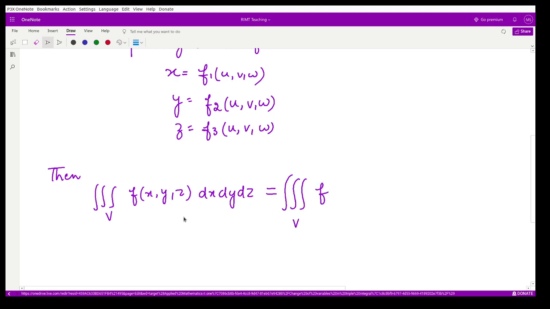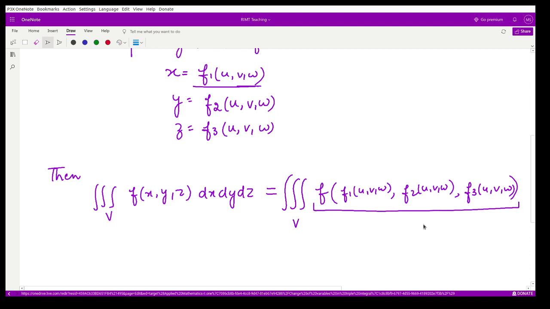But now instead of x we have f1 of u, v, w, instead of y we have f2 of u, v, w, and instead of z we have f3 of u, v, w. We multiply this whole function with the modulus of the Jacobian J, and dx, dy, dz are converted to du, dv and dw.